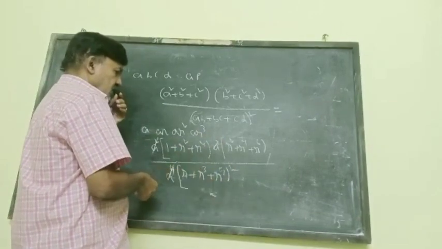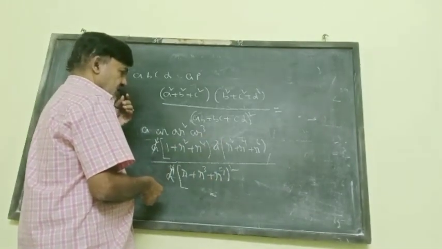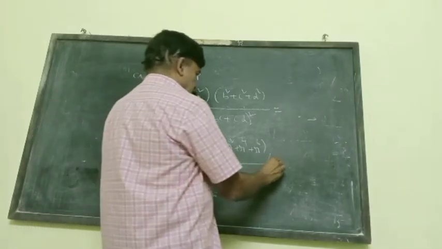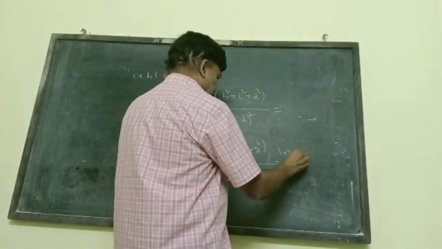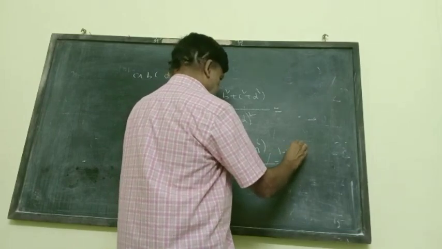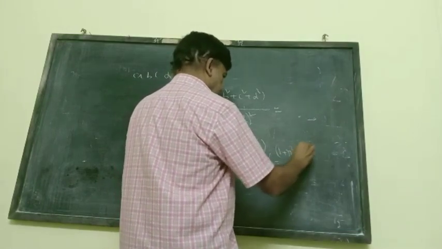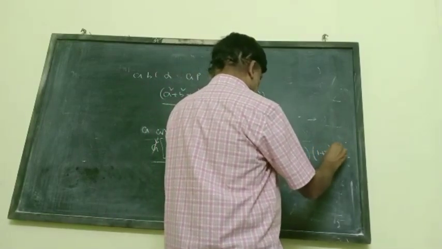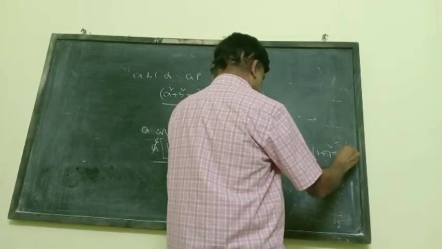We can take R outside, then we can cancel with this R square. You will get 1 plus R square plus R power 4 into 1 plus R square plus R cube.